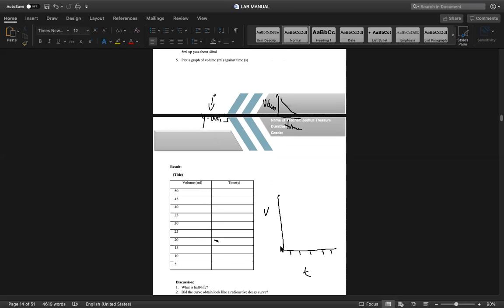Say that let's look at the volume first. The axis could look something like this: 10, 20, 30, 40, 50. And then your time, say it's 0, 10, 20, 30, 40, or it depends on what type of values you have.